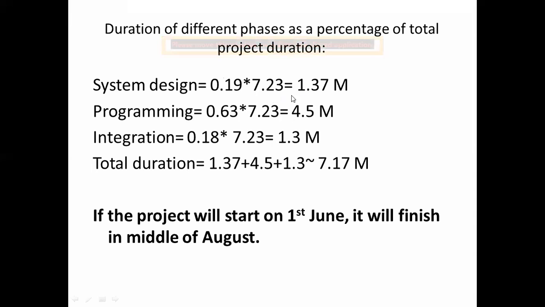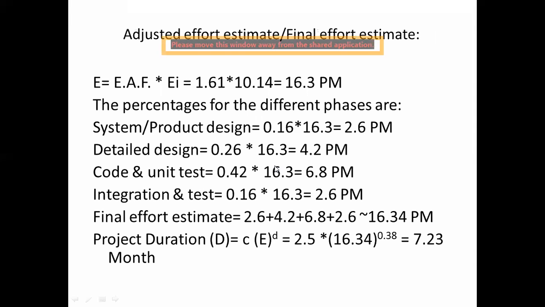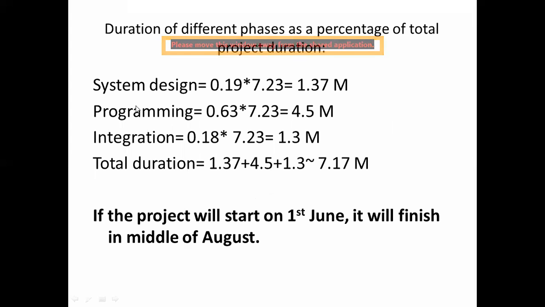You have already calculated these phase wise. 1.37, similarly you can see here this 2.6, system or product design. In the first phase, the person months required is 2.6, but the duration for system or product design we have already calculated, it is coming 1.37.